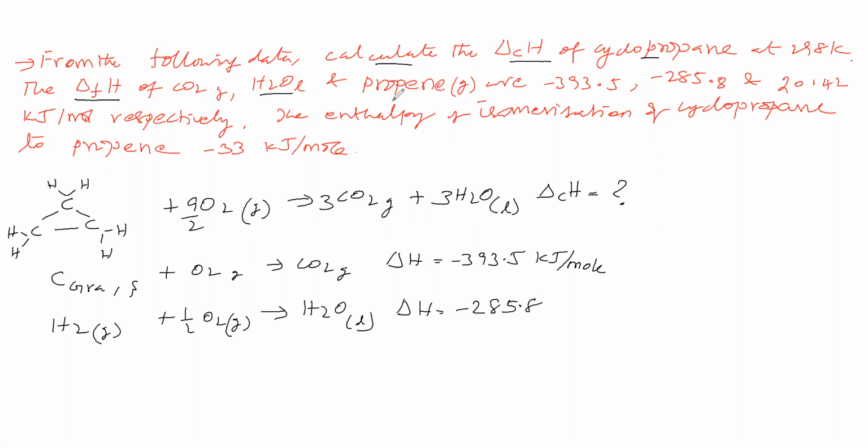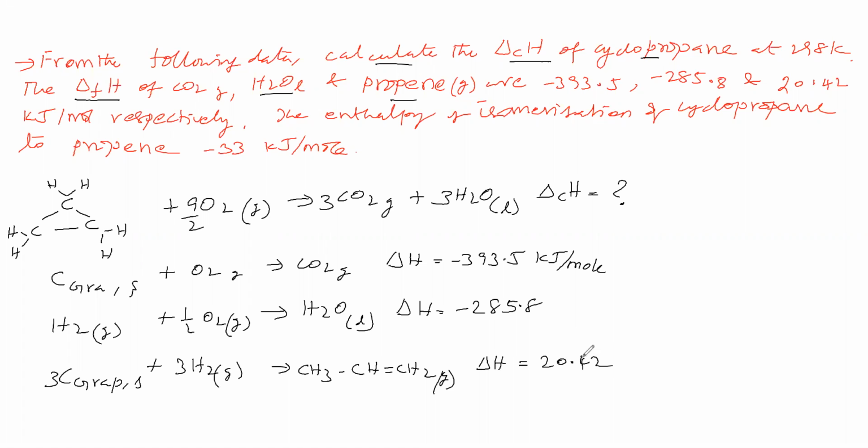Then the enthalpy of formation of propene. Propene formula is CH3-CH=CH2, propene gas. Its constituent elements are 3 carbon atoms as graphite solid, and hydrogen: 3, 1, 4, here 2, 6, therefore 3 H2 gas. The enthalpy of formation given is 20.42 kilojoule per mole. Next, the enthalpy of isomerization of cyclopropane into propene.